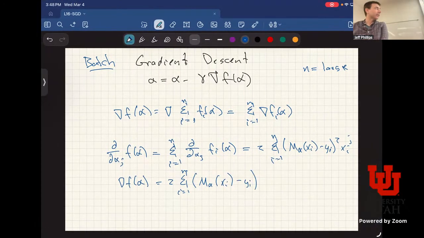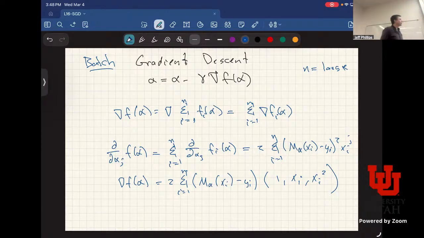I only have to calculate the residual once per data point, even if it's multidimensional, and then multiply it times the vector. So the calculation of the gradient is pretty straightforward: evaluate the function, measure the error, multiply it by the data point, add this up, and there's a 2 in front. So this would be gradient descent.